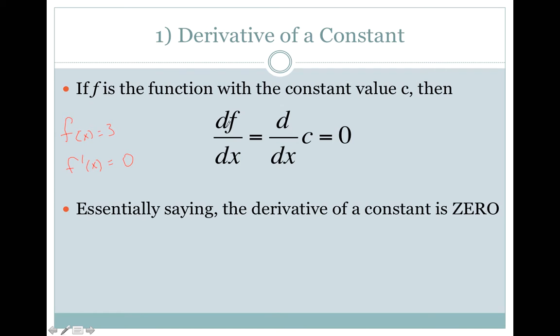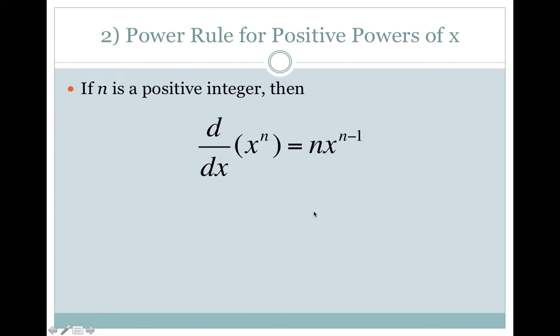So the derivative of the function with respect to x, given that that function is a constant, is 0. And that should make sense since f of x equals 3 is a horizontal line. The slope at every single point is 0. That should make sense. Okay, that's the first one. That's a simple one.